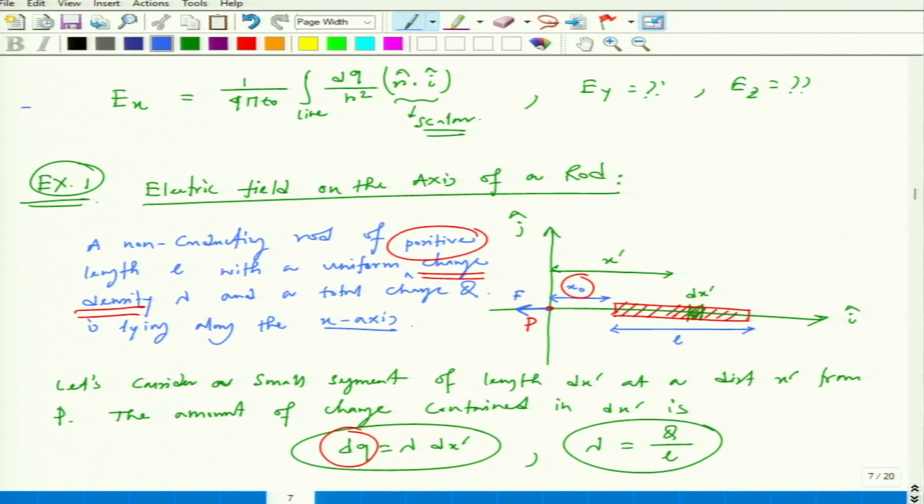This is the direction of the electric field at point P: the negative x axis. In the next class we will calculate the electric field for this charge distribution. Thank you.